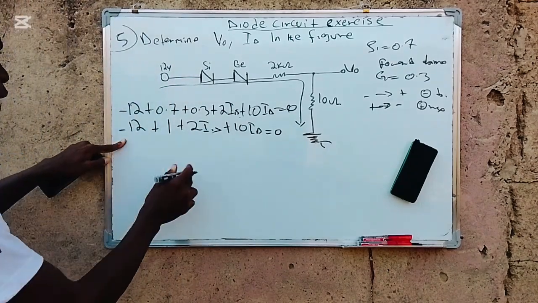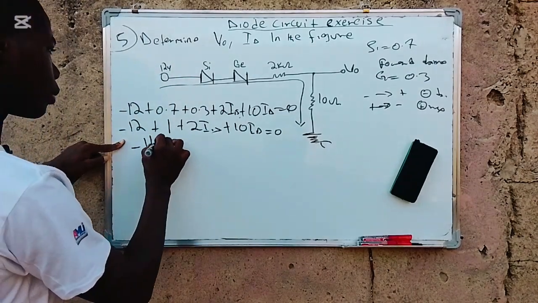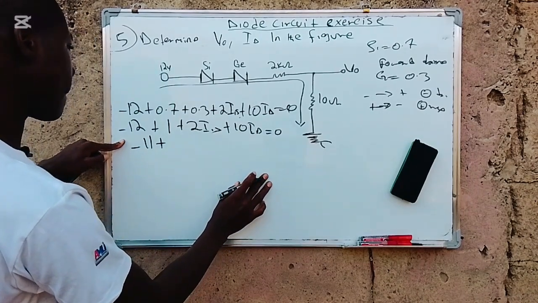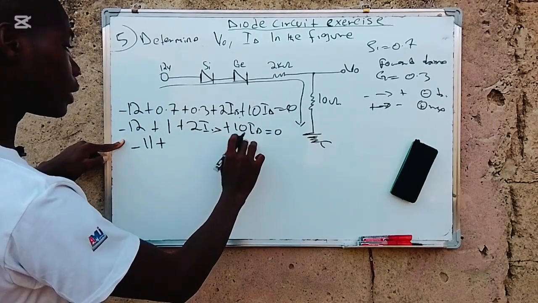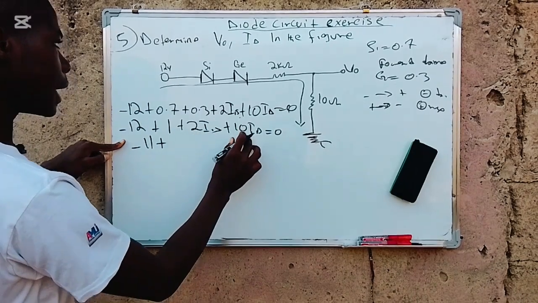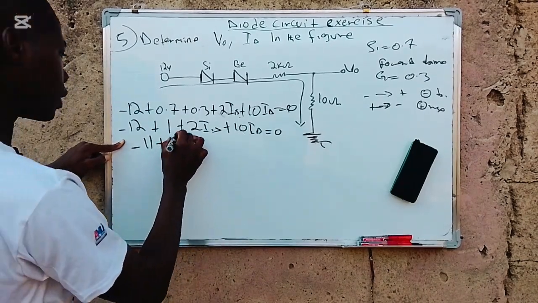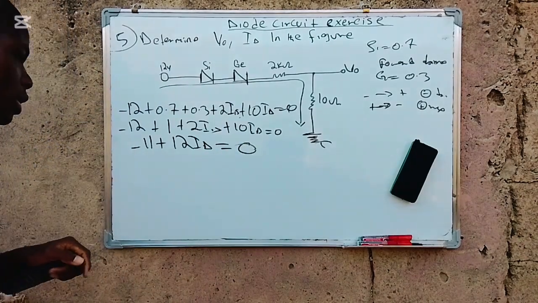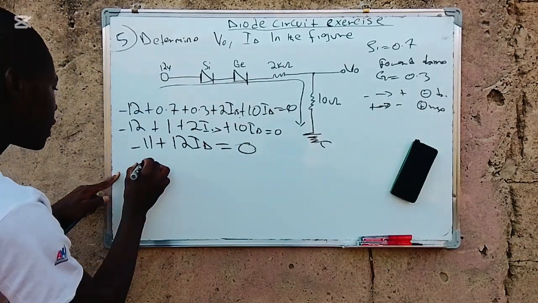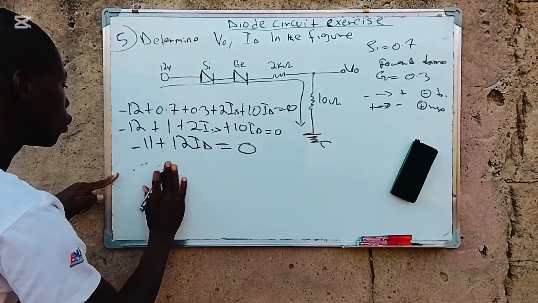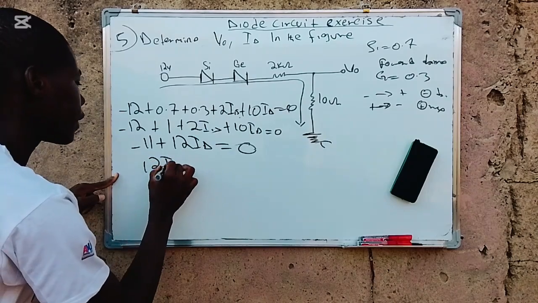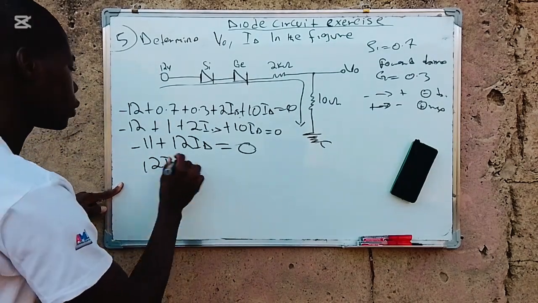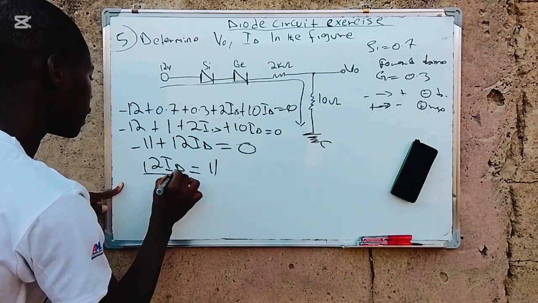Minus 11 plus 2 ID plus 10 ID: 10 plus 2 will give me 12 ID. This should now be equal to 0. So I keep 12 ID as it is, and when the minus 11 crosses the equal sign, it will now be 11.